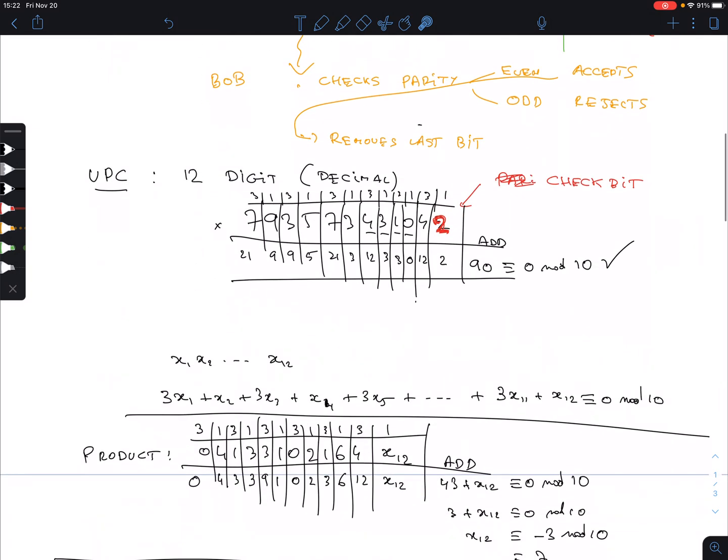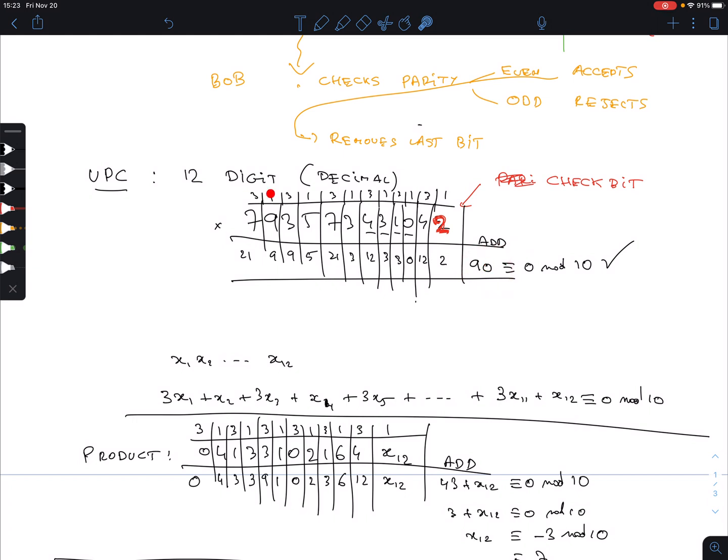Okay. What about the UPC code? UPC codes are better in the sense that if you swap an even with an odd, that will be detected because they have different weights. But if two odds swap, see, if you swap 7 and 3, so this becomes 21, this becomes 9, but the total is still the same.